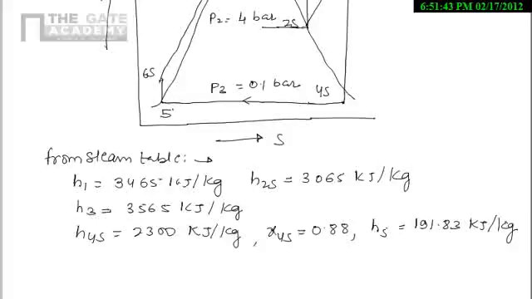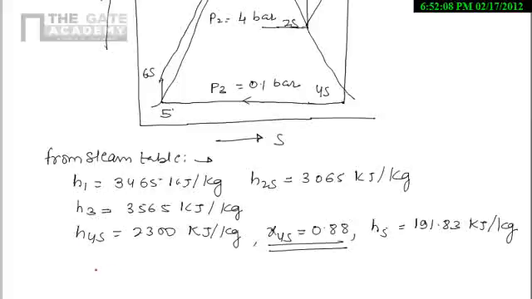So these are the values from the steam table. So now the answer of the part A is already coming, that is 0.88 we got from the steam table, but either by equating the entropy at 3 and 4s step, we can easily get the quality of steam.